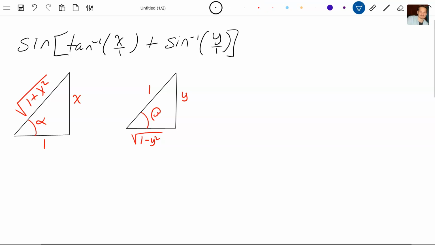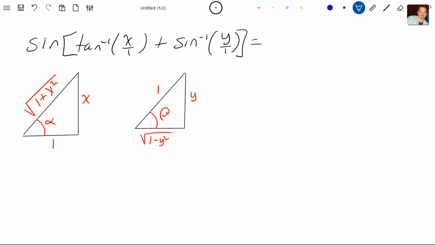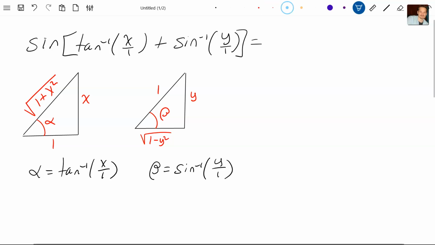I'm going to say the following, that alpha, down below the triangle, alpha equals tan inverse of x over 1, and then beta equals sine inverse of y over 1, which means over here back across the top I can make replacements.